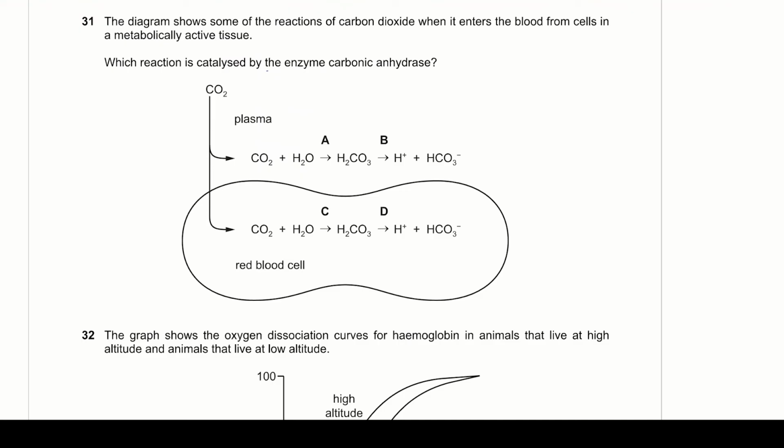31. The diagram shows some of the reactions of carbon dioxide when it enters the blood from cells in metabolically active tissue. Which reaction is catalyzed by the enzyme carbonic anhydrase?